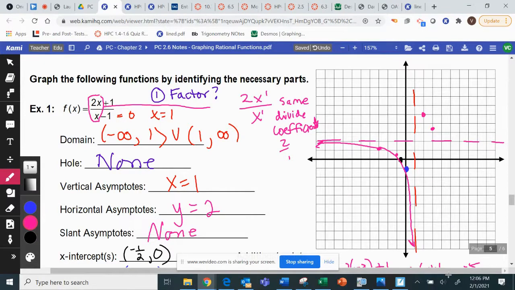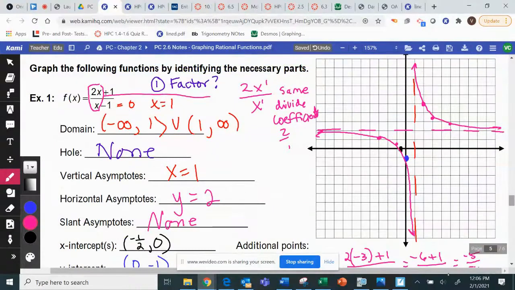Almost 3. Okay, so once I have a few more points, then I can see that it is making one of those branches that I'm somewhat familiar with. So you don't need a ton of points, and it doesn't have to be 100% perfectly accurate.